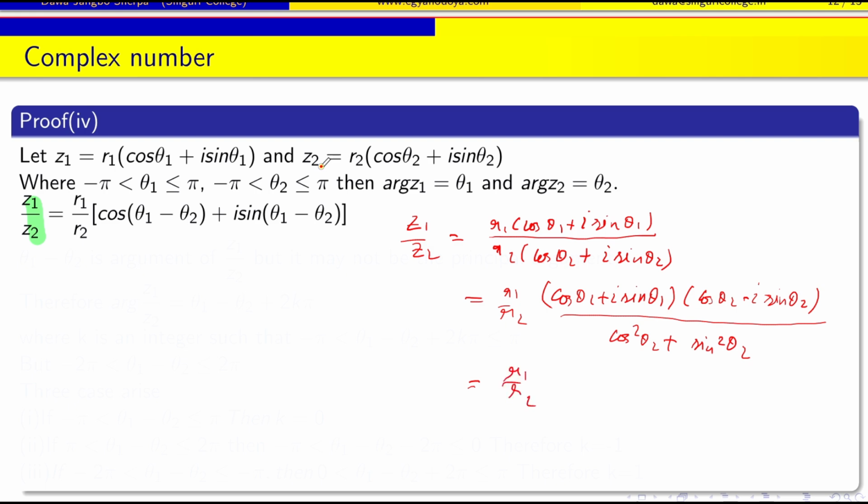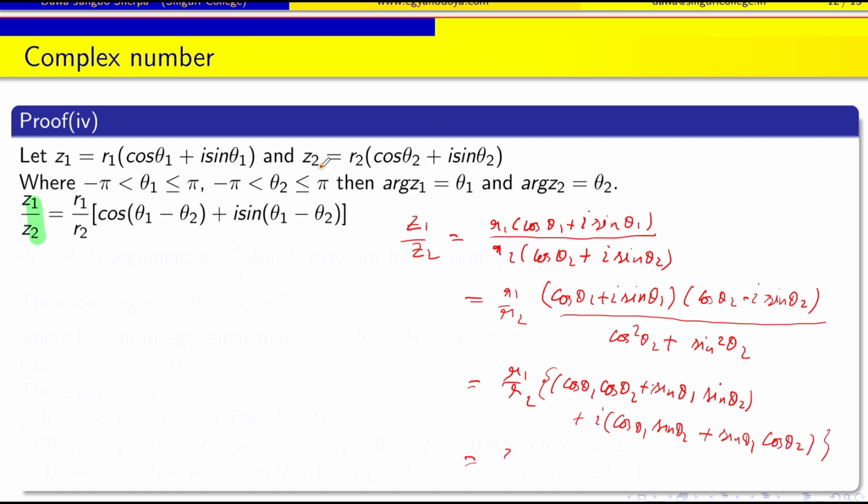Now if you multiply this out, it will be cos theta 1 cos theta 2 plus sin theta 1 sin theta 2, plus i times (sin theta 1 cos theta 2 minus cos theta 1 sin theta 2).